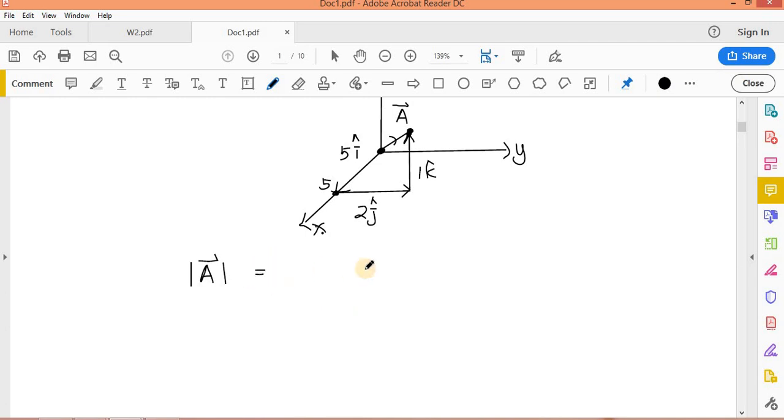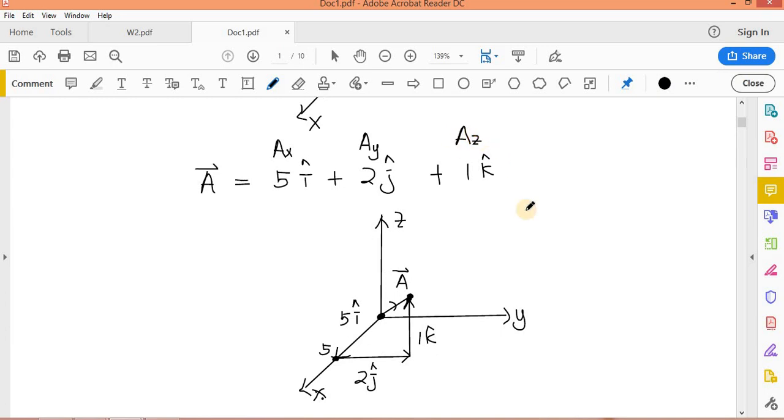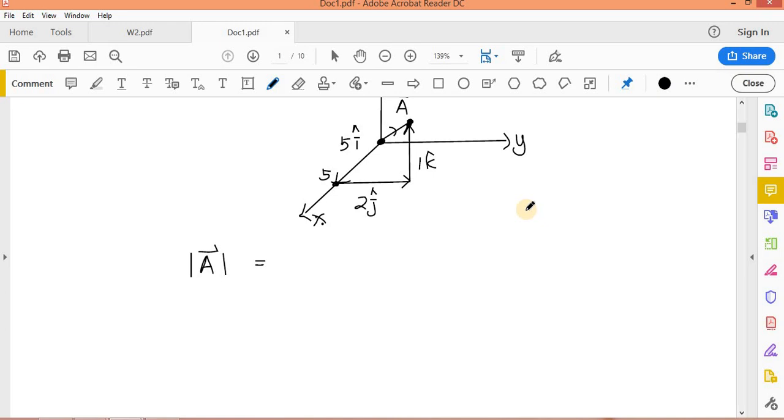What we do here is, if this value represents AX, this value represents AY, and this value represents AZ, then the magnitude of your vector A will be equivalent to the square root of AX square plus AY square plus AZ square.